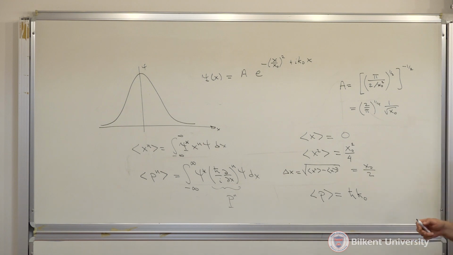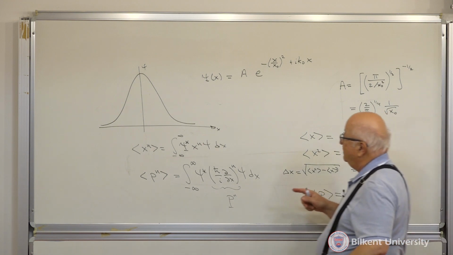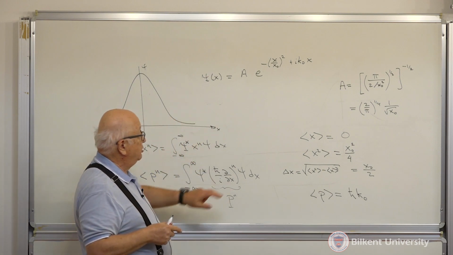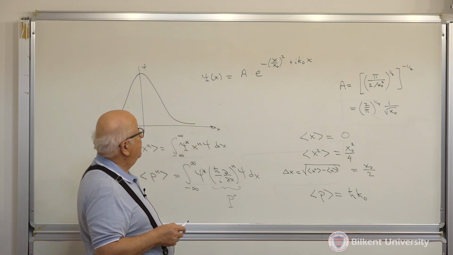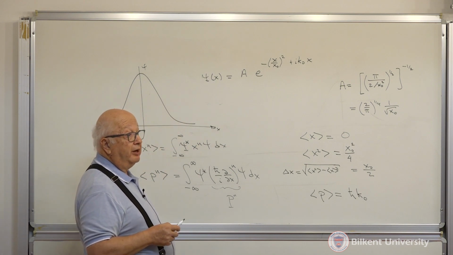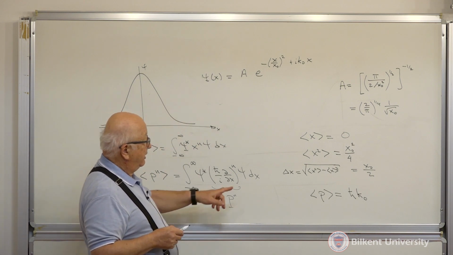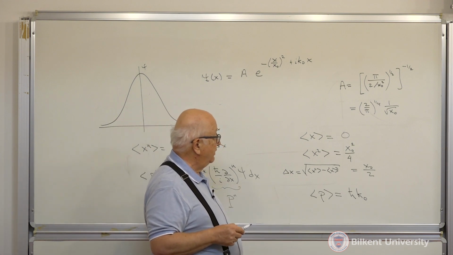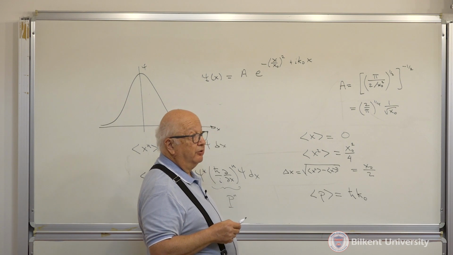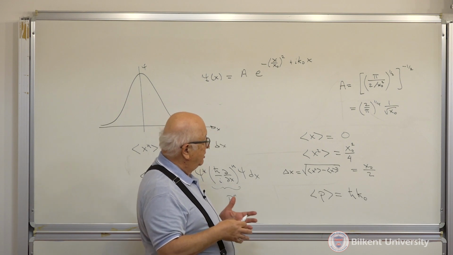But now that we have evaluated the derivative to find the expectation value of p, that brings down a k0, and now we have the expectation value of p related to h bar k0. In fact, this is quite a general behavior.